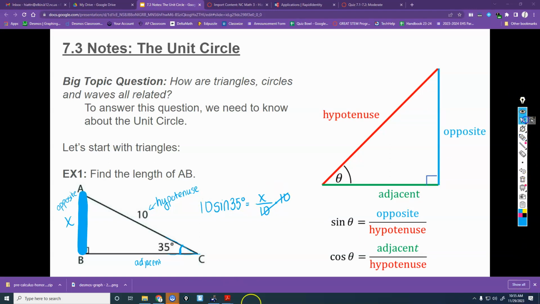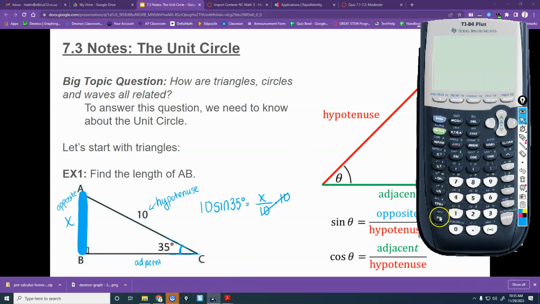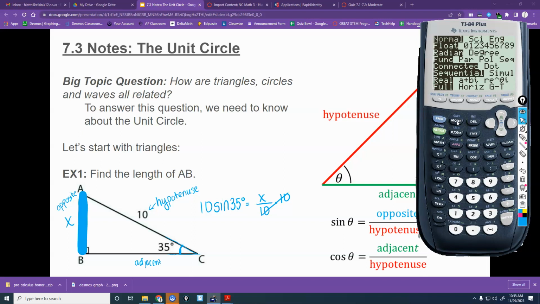Now, there is something that you need to check on these calculators, and they probably have been reset since they were last used for trig. So, everybody get your yellow calculator. Even if you don't usually follow along, get your yellow calculator because you'll get these wrong if you don't. Hit the mode button. The default for these calculators, if they have been reset, is radian mode. We need degree because this problem has degrees.